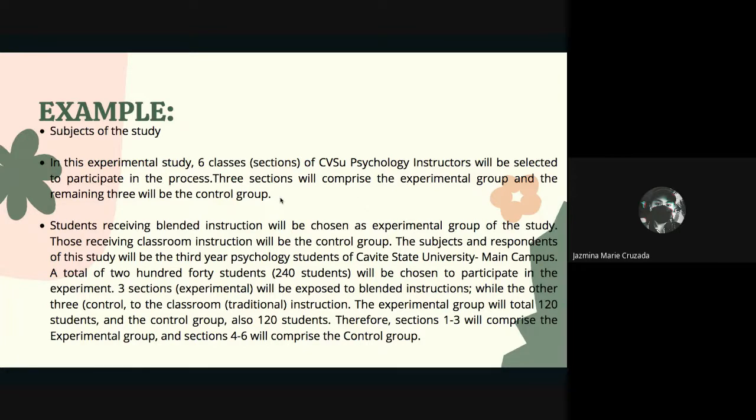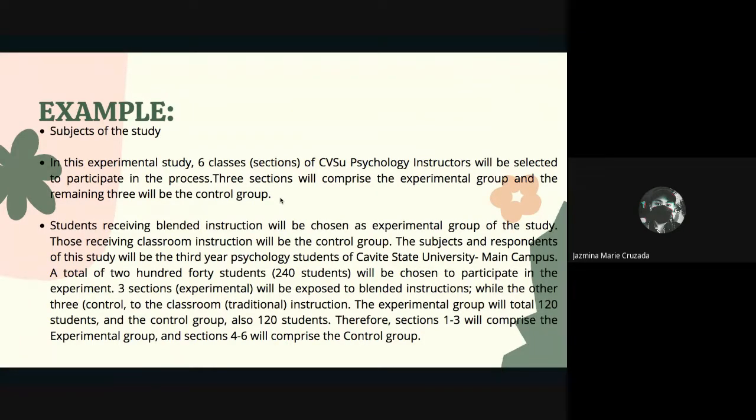They will be selected based on the section, or the 6 classes of the psychology instructors of Cavite State University main campus. 3 sections will be the experimental group and the remaining 3 will be the control group. Lastly, who they were. The subjects will be third-year psychology students currently studying in CAvSU main campus.